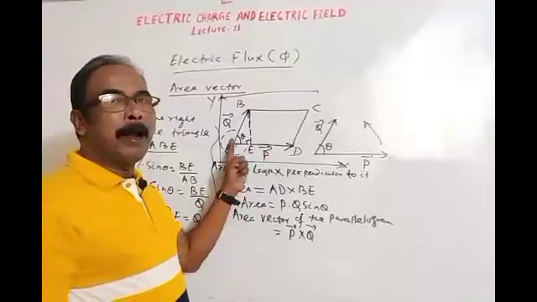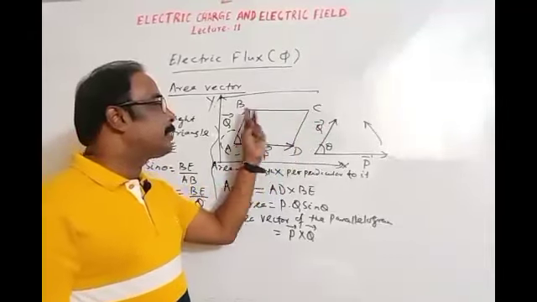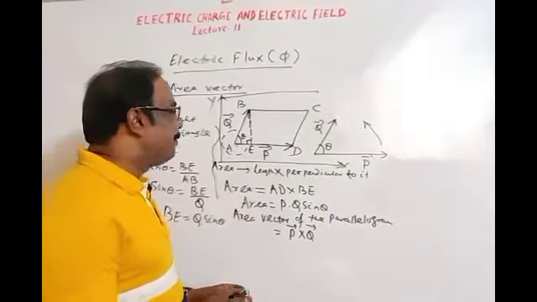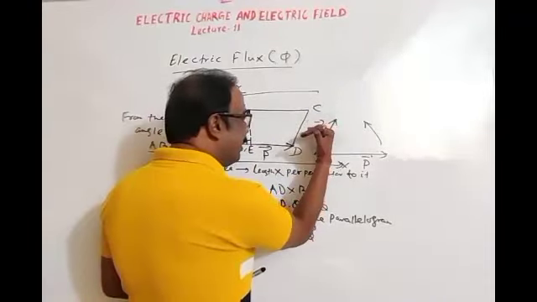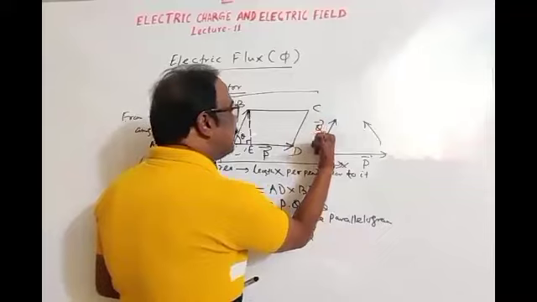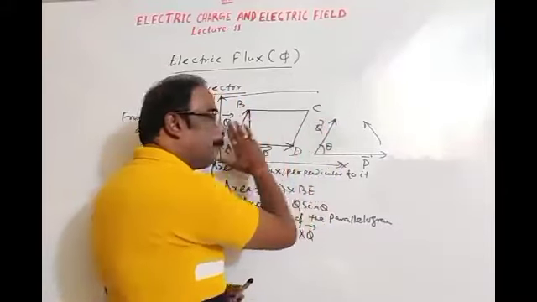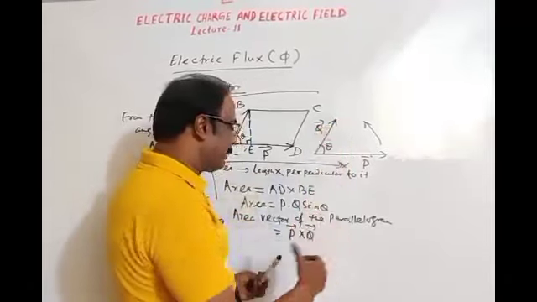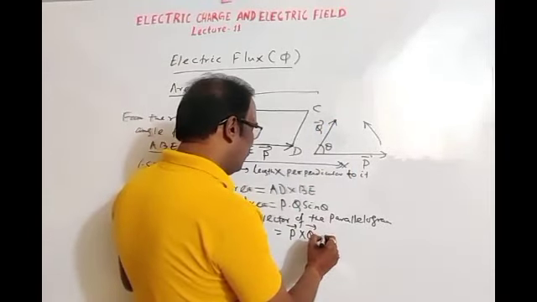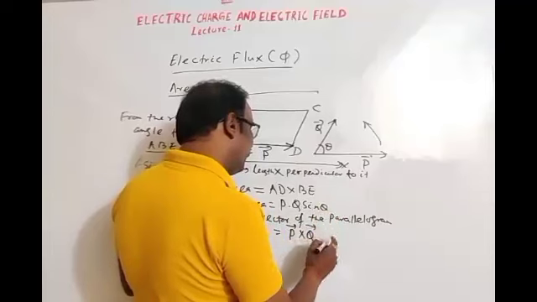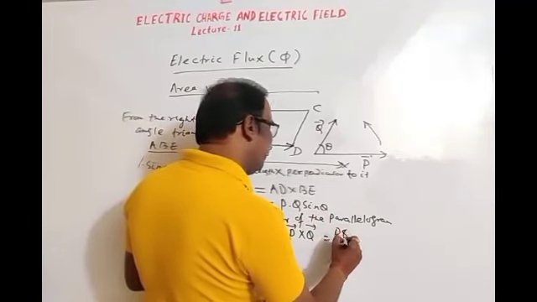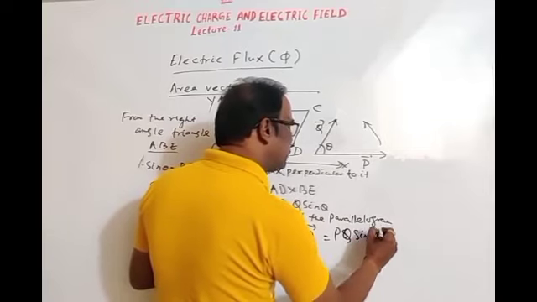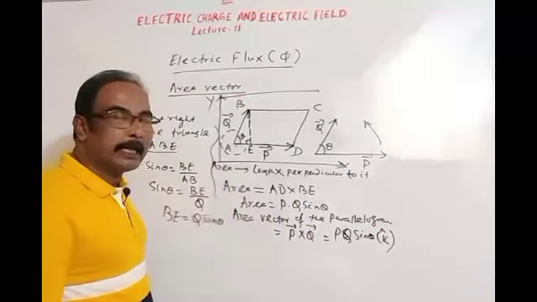Then the parallelogram, the plane surface, lies on the XY plane. Then the direction of P cross Q means perpendicular to the XY plane, then direction is along Z axis. Then we may write it along Z axis, or PQ sin theta along Z axis, means unit vector along Z axis is k cap.